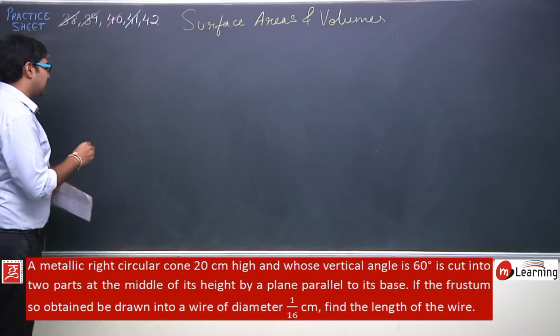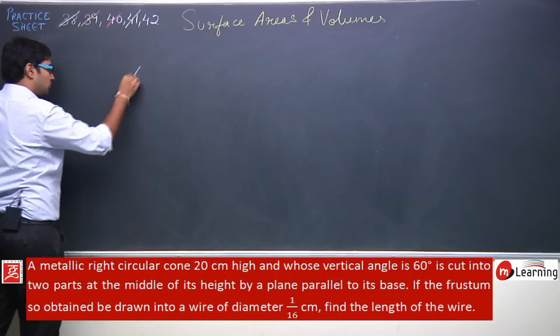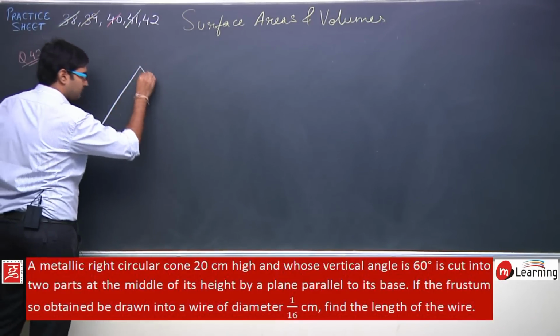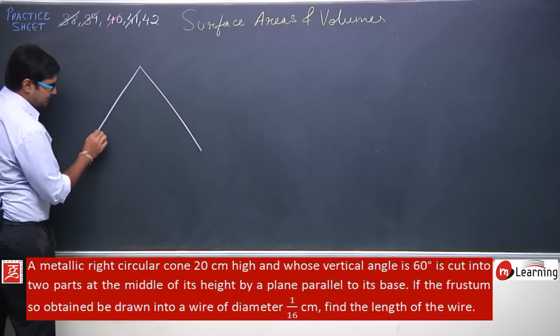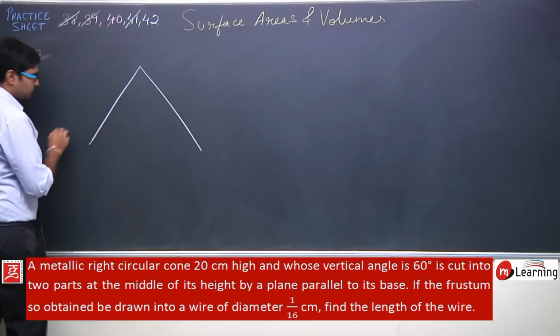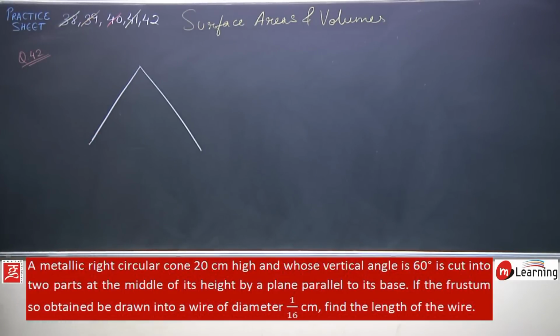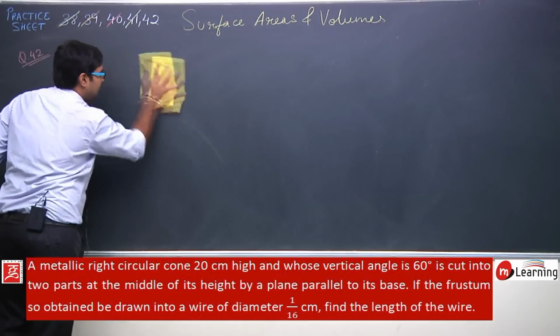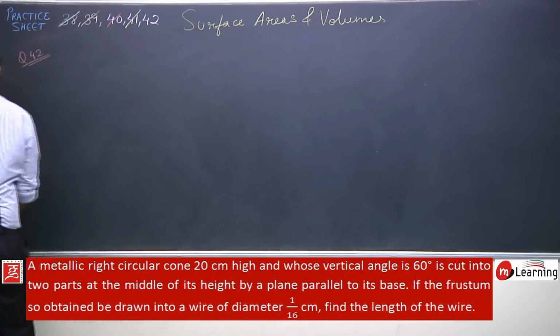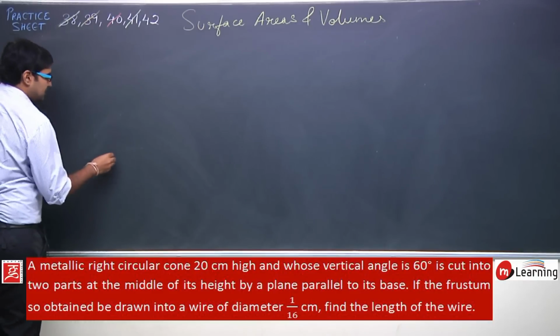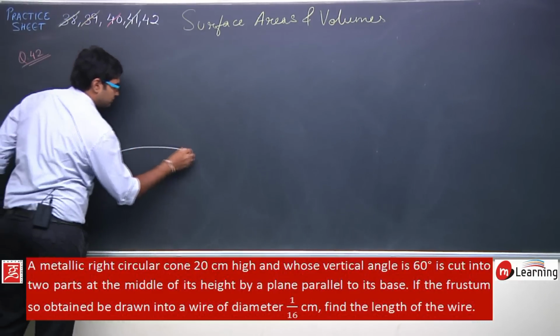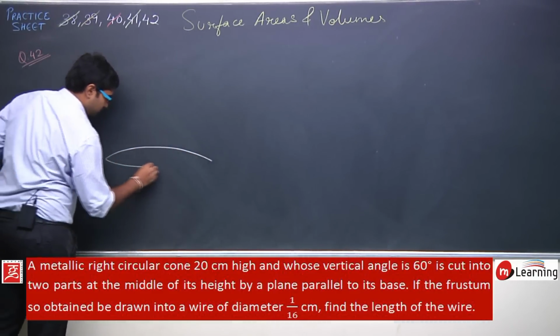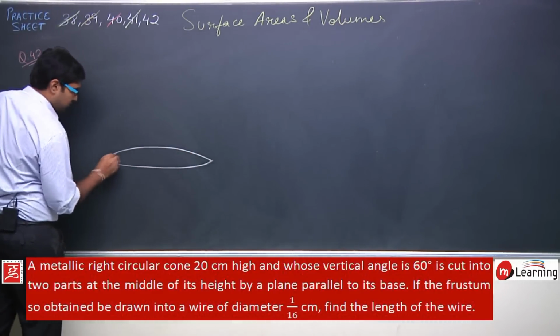For that, let us draw a right circular cone first. Now this is a right circular cone. Is it a right circular? No, it may not look like a right circular. Let me draw a base first and then it would be easy to draw. This is the base of a right circular cone.